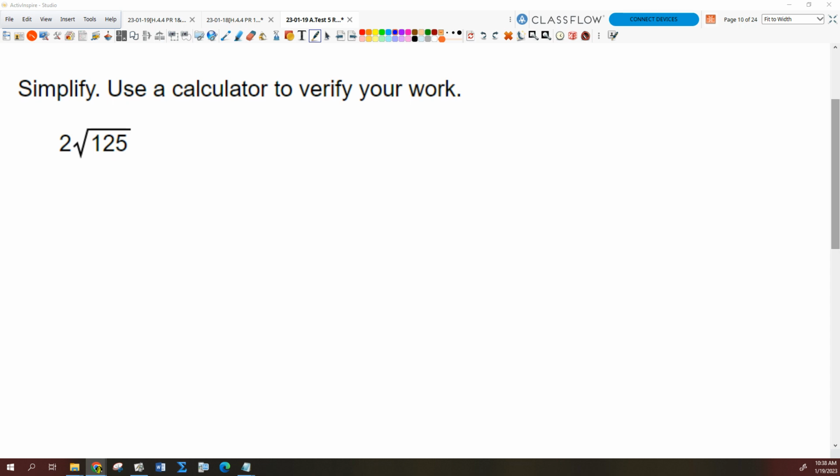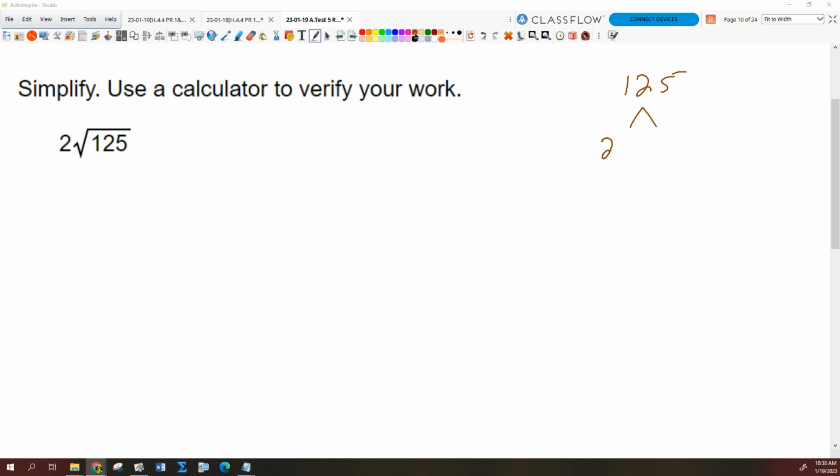Well, the 2's already outside, but I've got to deal with the 125, don't I? Okay, Veronica, we got to see if we can simplify the square root of 125. So we need to do couples go out, singles stay in. So help me out factoring 125. Divide by 5.